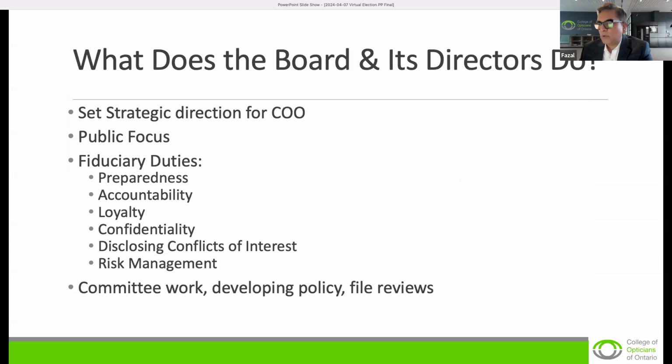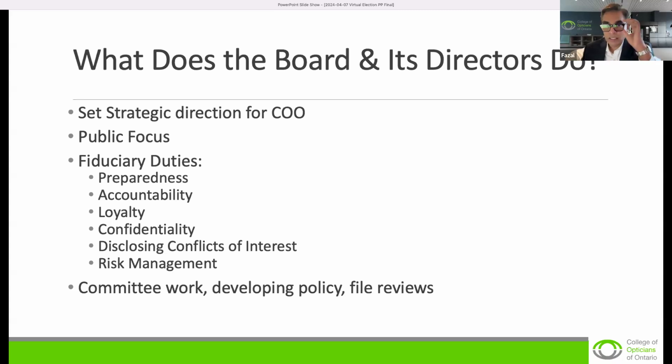So as far as what the board and its directors do: as a board member, you are part of setting the strategic direction for the college. The college board members typically sit down once every 3 years and set a game plan for the next 3 years as to where they want to see the college move towards. They do this based on gathering information.